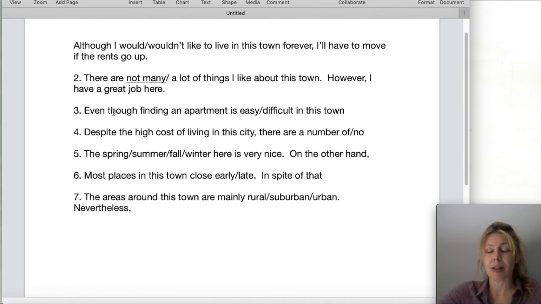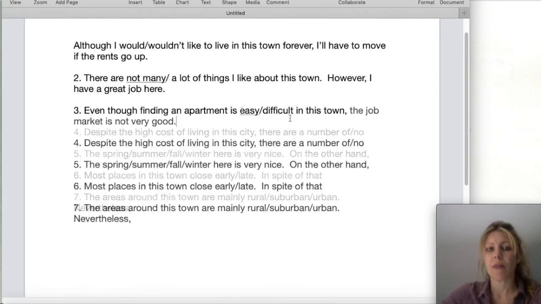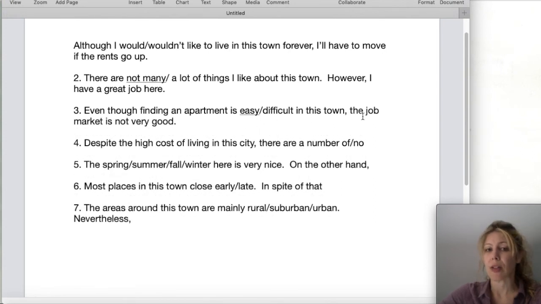Okay, so we have our contrast here, even though, so that means we need a comma. Even though finding an apartment is easy in this town, the job market is not very good. Okay, so you're having trouble finding a job. You can find a place to live easily, but it's difficult finding a job.